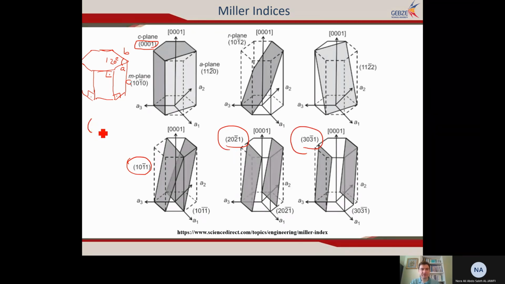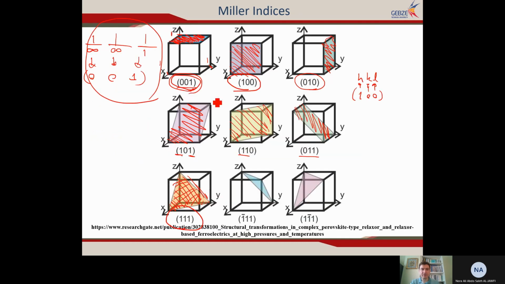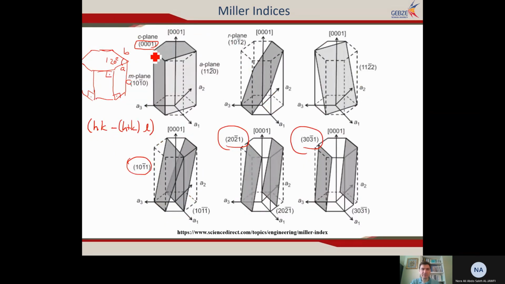In hexagonal structures, we use this expression for the surfaces. And this is the L, like this. So why do we use this one? Otherwise, you can mix the cubic structure and hexagonal structure. For example, look at this one.